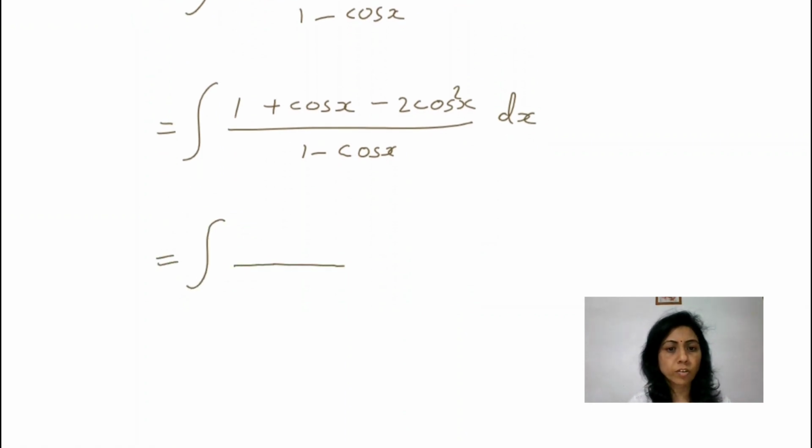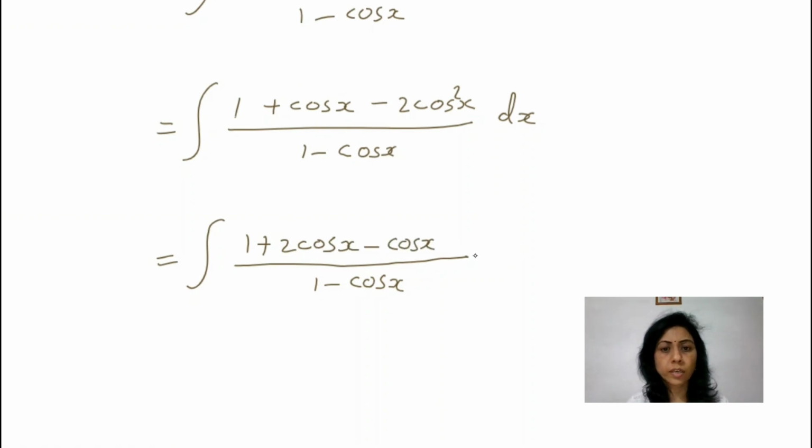Integration, denominator as it is, 1. Cos x we can write as 2 cos x minus cos x, which is cos x, and this is minus 2 cos square x dx.